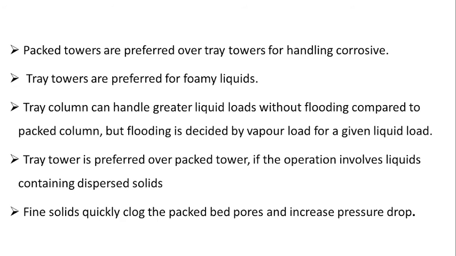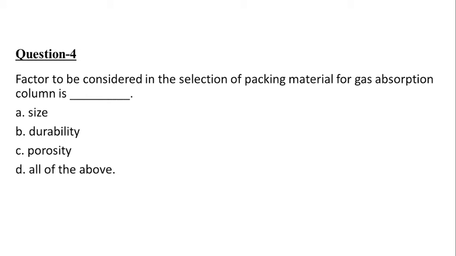So let's move to question number 4. The factors to be considered in the selection of packing material for a gas absorption column is: 3 factors are given: size of the packing material, durability of the packing material, porosity of the packing material.